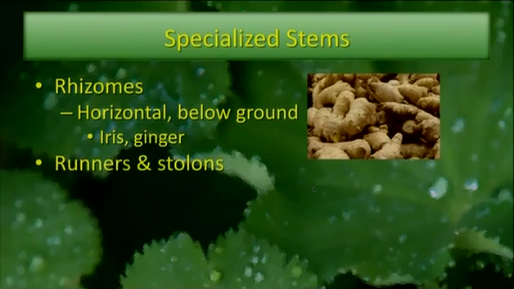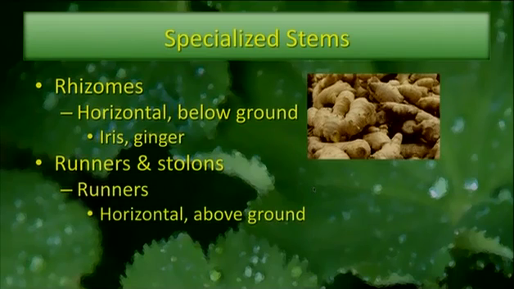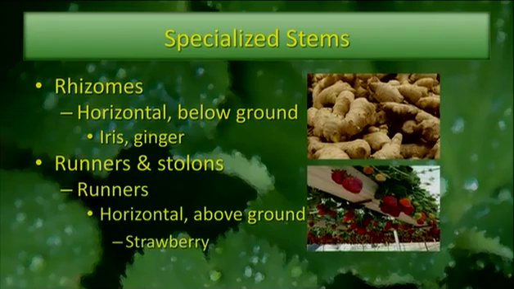Then we have runners and stolons. Runners are horizontal and above ground. Buds appear at the nodes, and strawberry plants make new strawberry plants at the nodes where new growth appears, so this plant can do asexual reproduction.